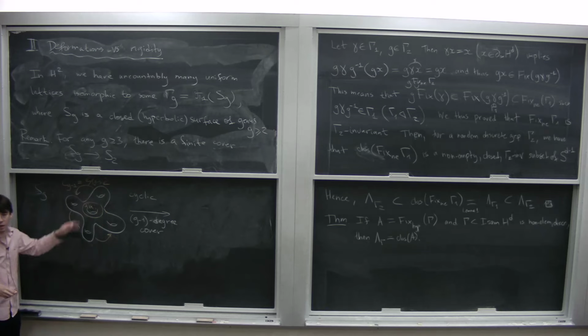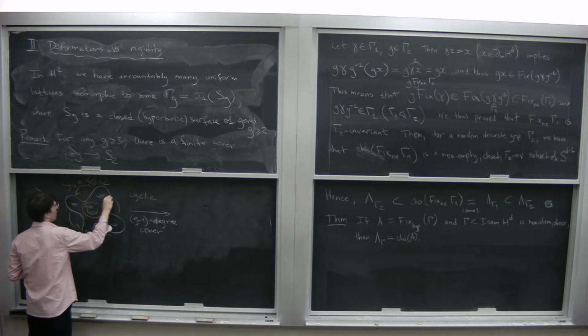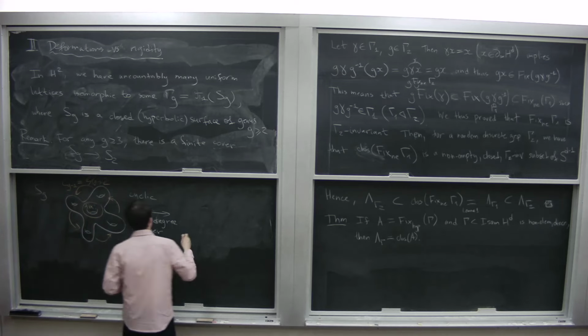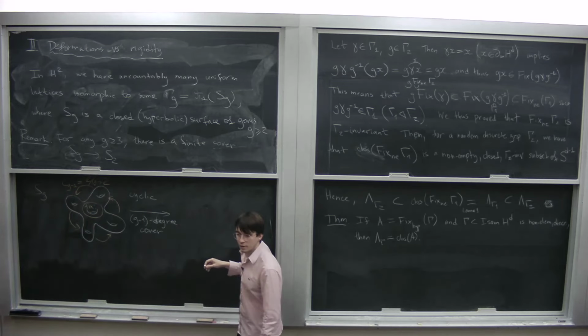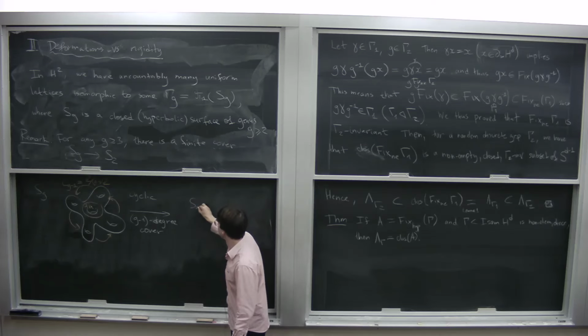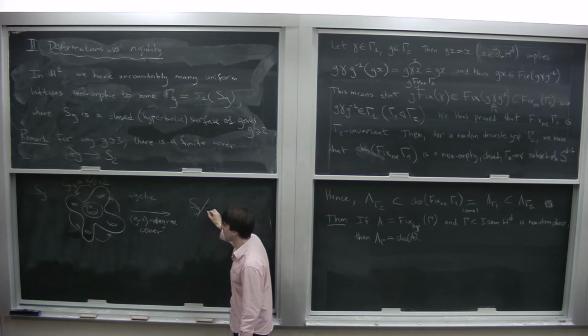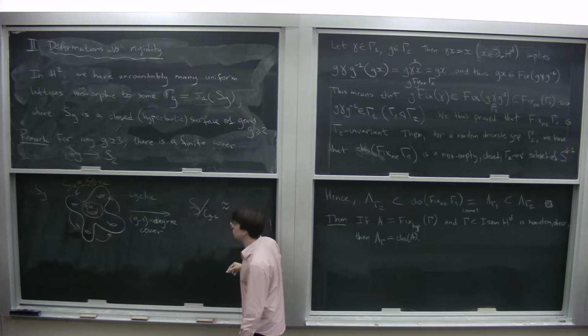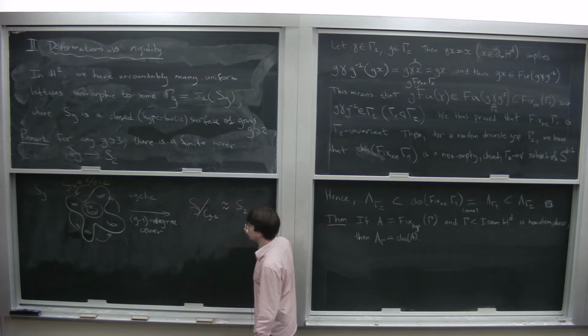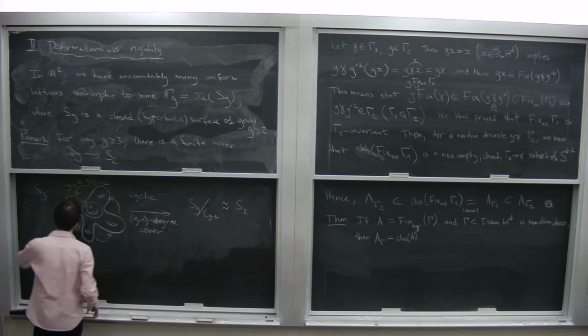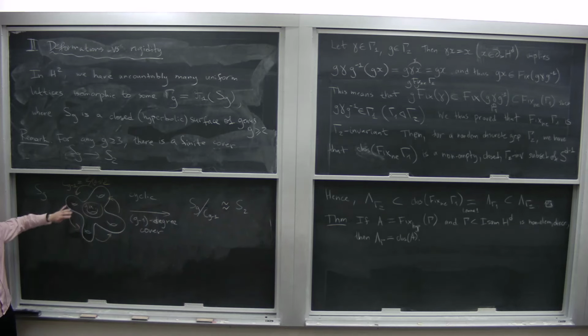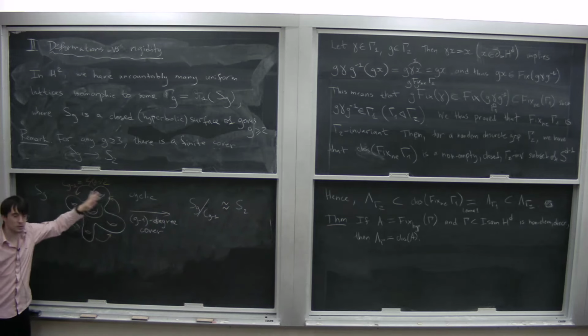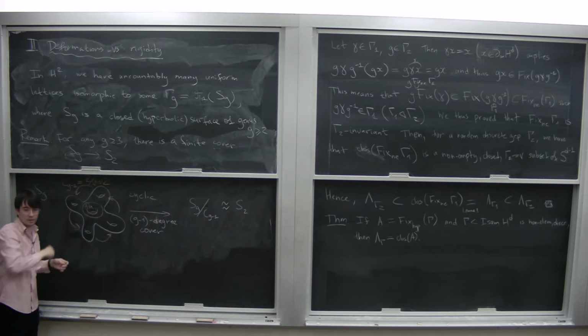The middle is fixed and the rest act by rotation. Then I obtain SG over C G minus 1, which is homeomorphic to S2, right? This one is fixed, and the second piece basically comes from all this coming into one equivalence class.